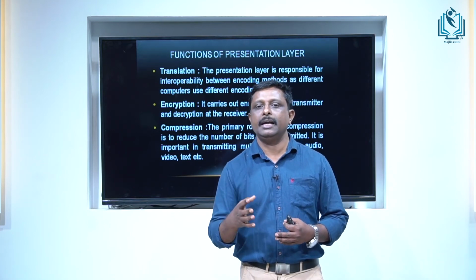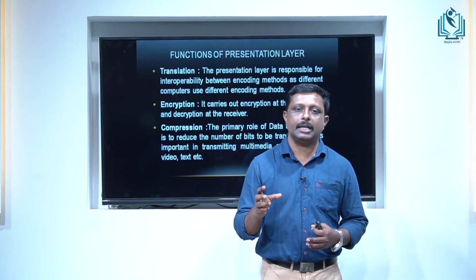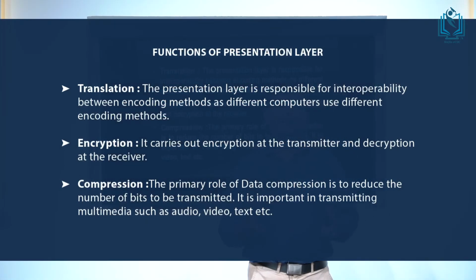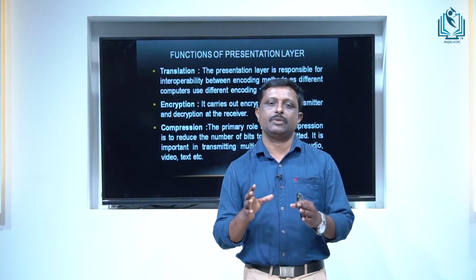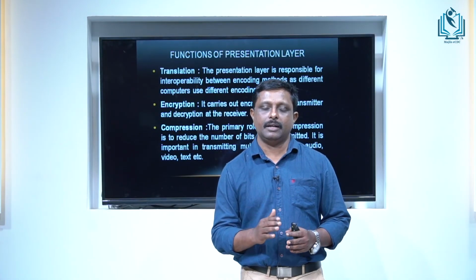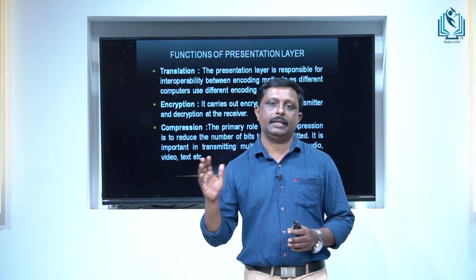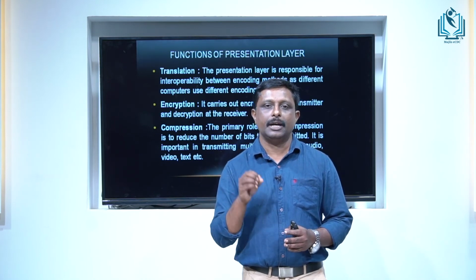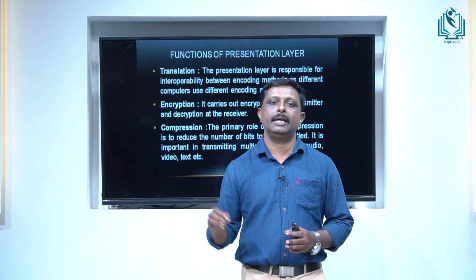This is called decryption. Encryption and decryption are done by the presentation layer. Compression means reducing the size of the data. When we transfer multimedia data like videos and audios, it must be reduced. This is also done by the presentation layer.